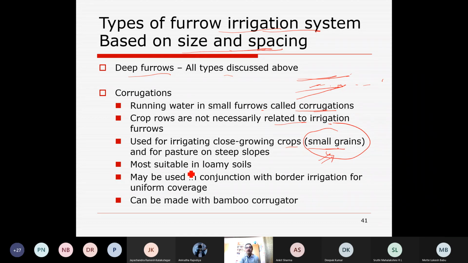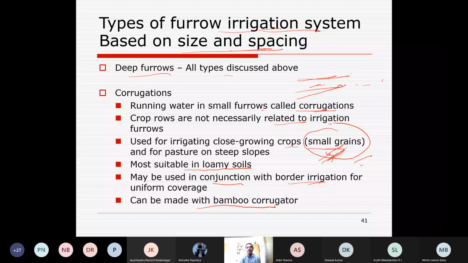It is more suitable in loamy soils and may be used in conjunction with border irrigation. Sometimes it is partially border irrigation, and then because of the crop, the soil, or the condition of the land surface, we take it as furrow irrigation in the same field. It can be made with bamboo corrugation, meaning we are putting some wood or bamboo to make a corrugated condition.